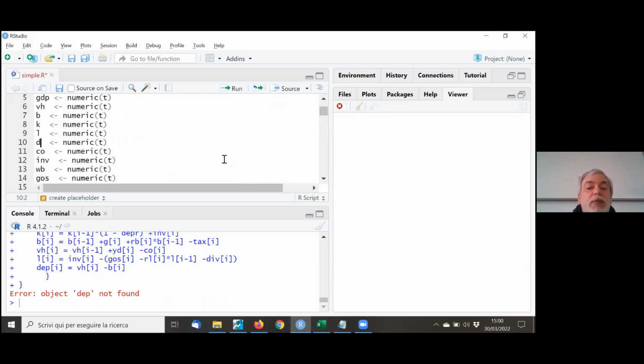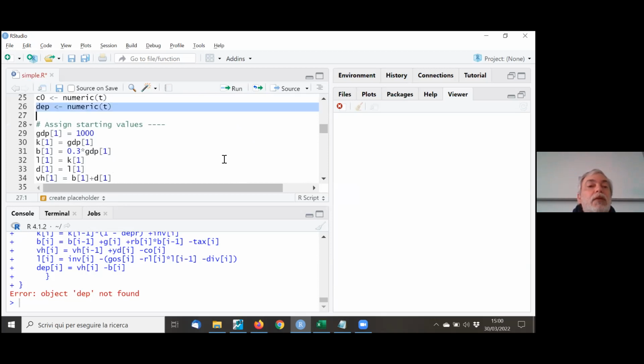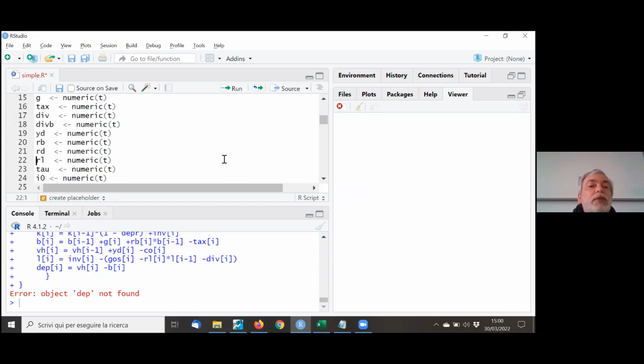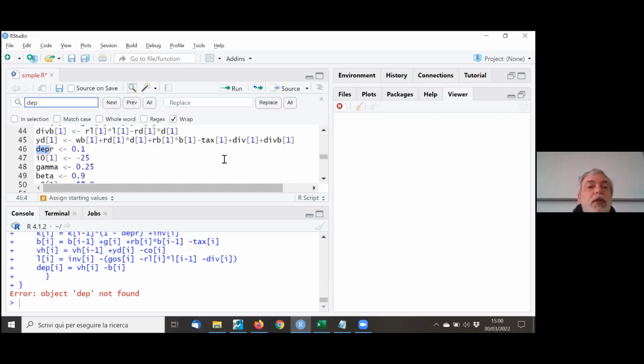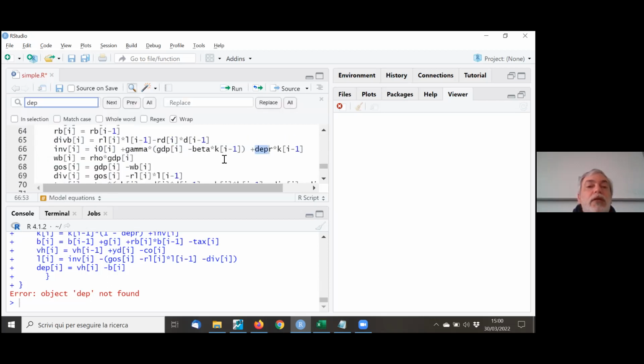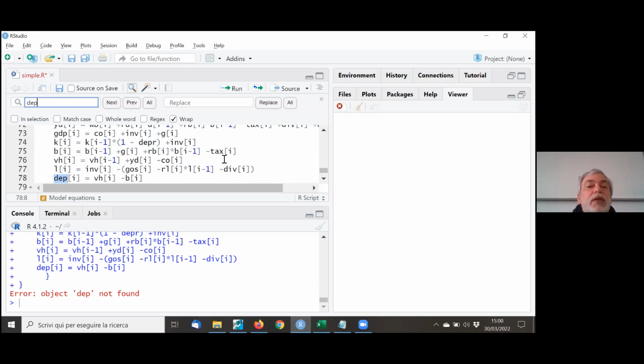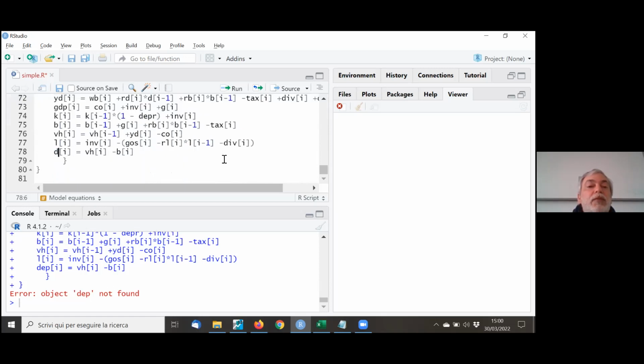Oh yes, because depth was D. So I actually now have D and depth, which is not good. Okay, so I've deleted. I can use D, and then change it in the body of the loop. So I only need to delete depth in here and have D.